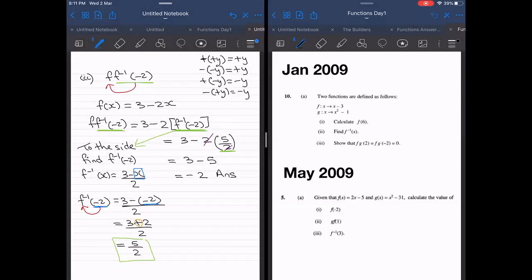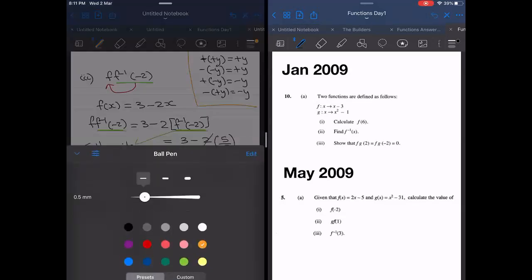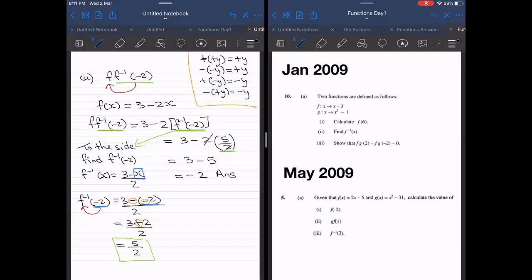But based on the rules we have up here in the top right-hand corner, if I see a minus and a minus, I am supposed to change it to a plus. So rather than having 3 minus -2, I'm going to have 3 plus 2. And 3 plus 2 is 5. So I have that f inverse of -2 is 5/2. Following that part?